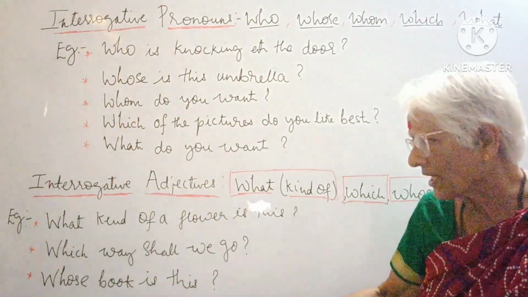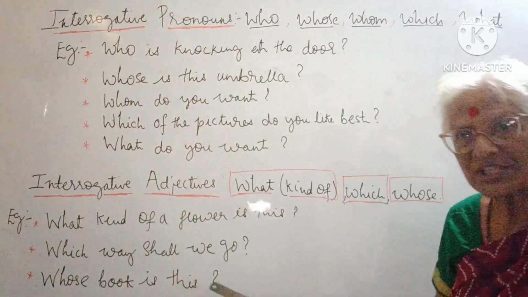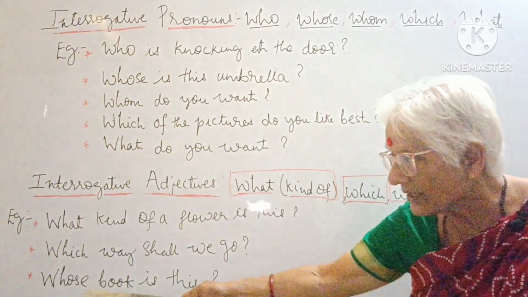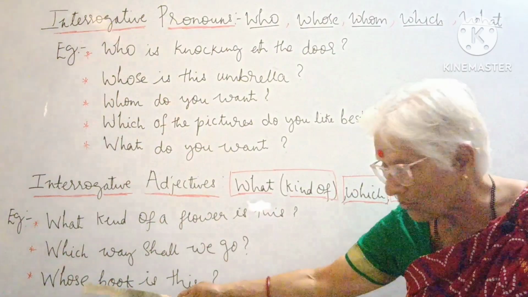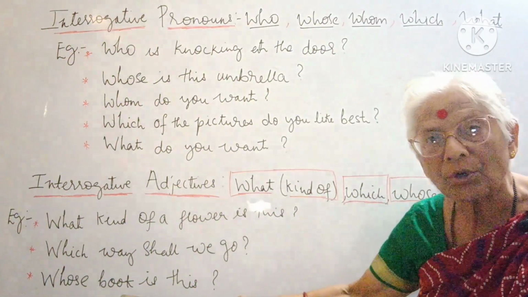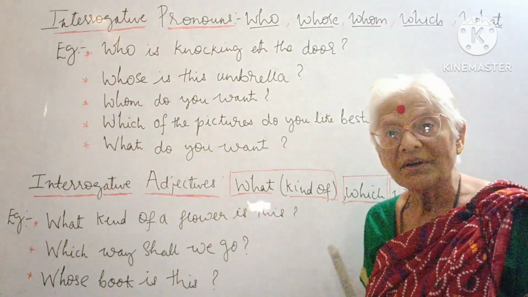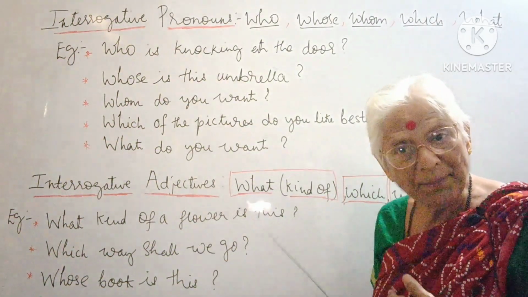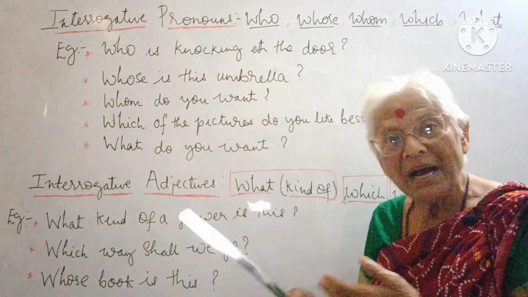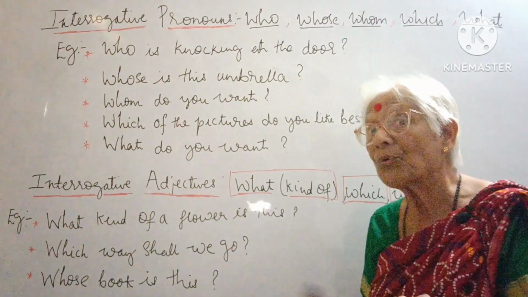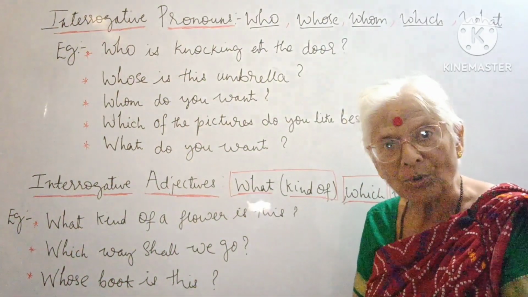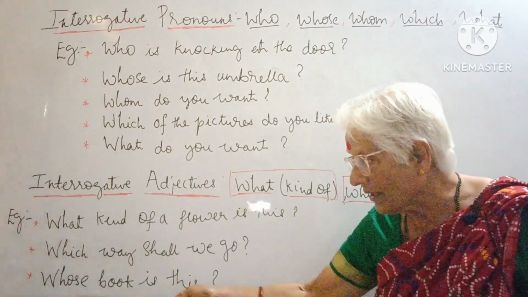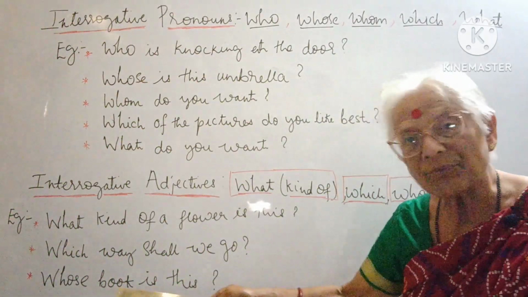Maybe pronouns also sometimes. Whose book is this? So, again, the WH question whose is placed before the noun book. This is my book. This is your book. This is his book. So my book, your book, his book, these are pronouns, but they are placed before a noun. His book, your book, my book, right? So here the word whose is placed before the noun.